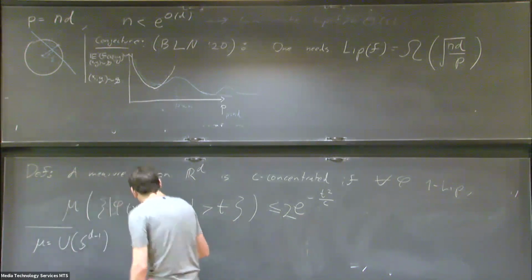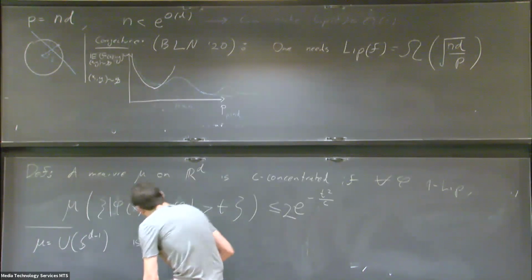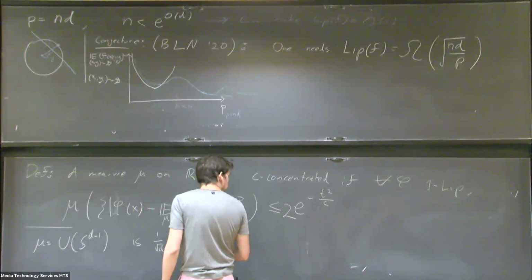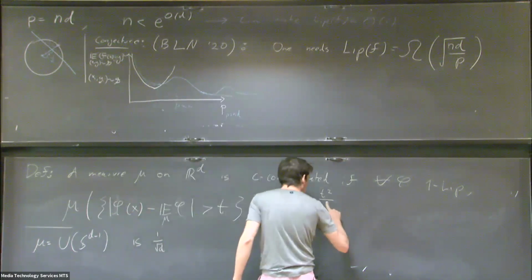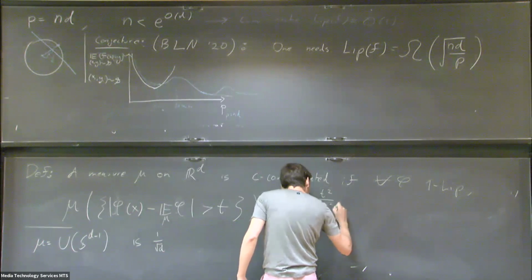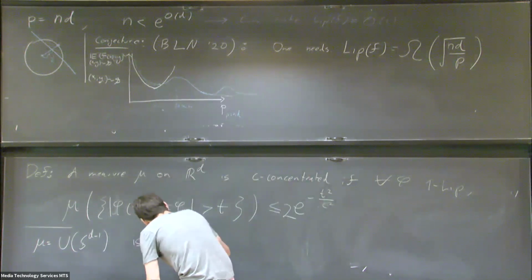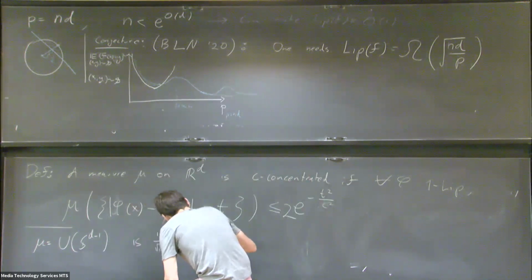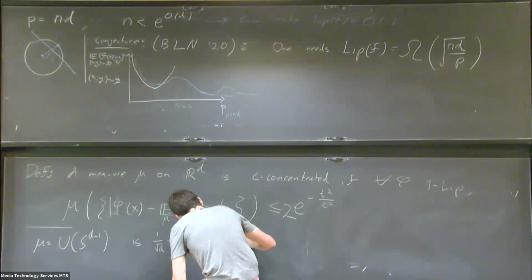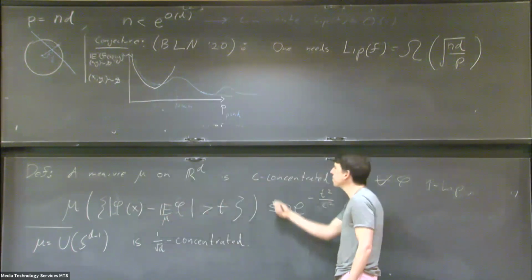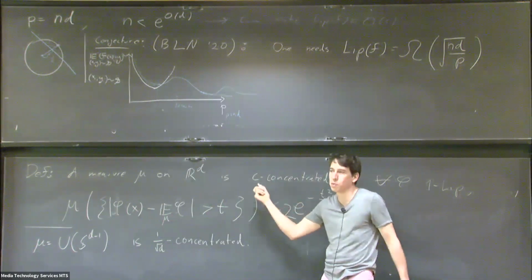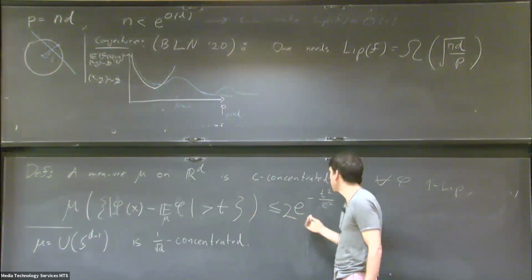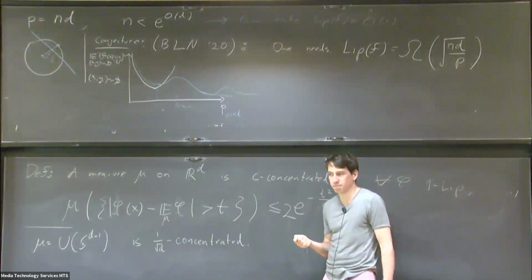This is going to be 1 over root d concentrated. I want to put a c square here. So in particular, C is going to be the variance of one-Lipschitz functions, but also I'm going to have a sub-Gaussian tail.